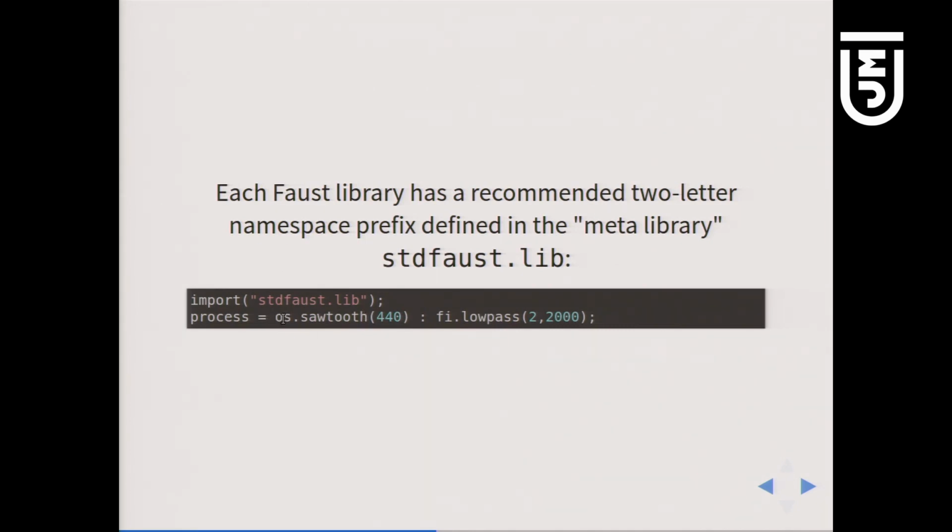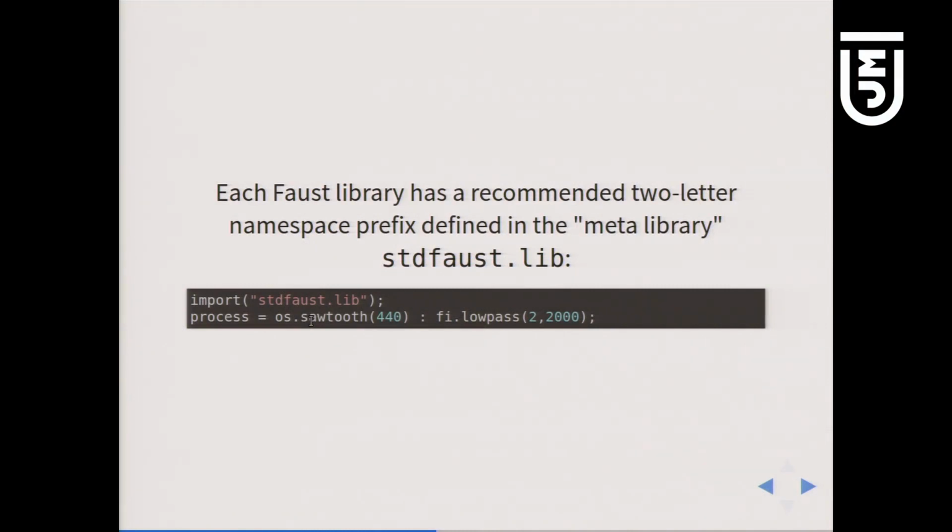And then you have this prefix system that you can use to call the functions that are implemented in the different Faust libraries. So for example, to implement this Faust code in the past, you had to import oscillators.lib and you had to import filters.lib to get access to the sawtooth wave and to the Butterworth low-pass filter.